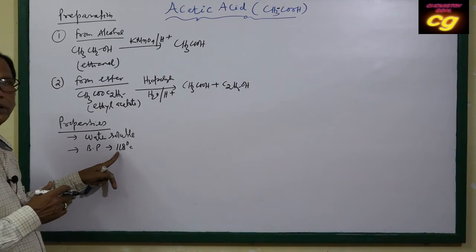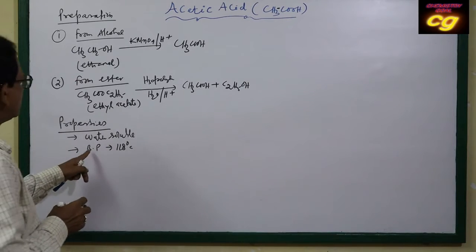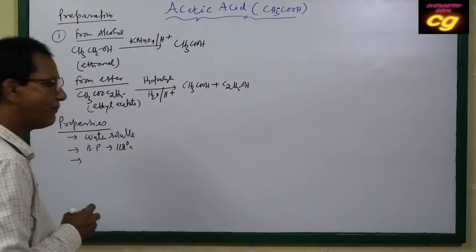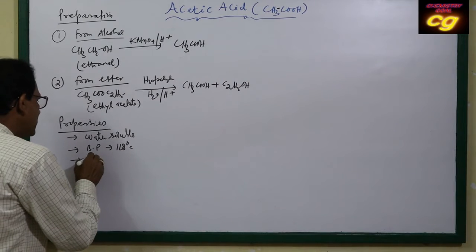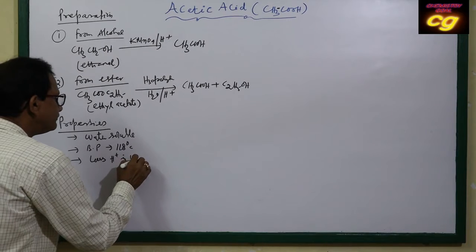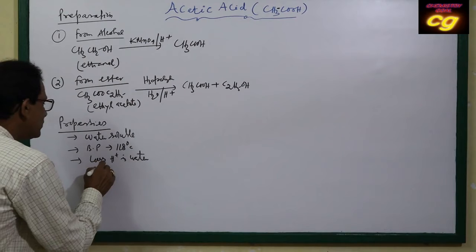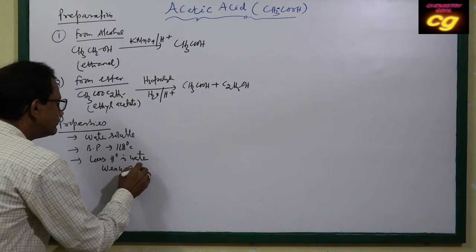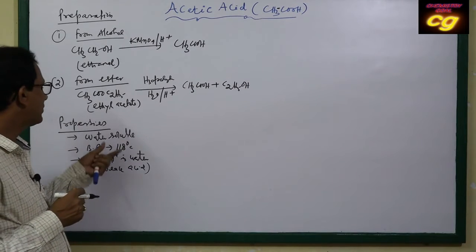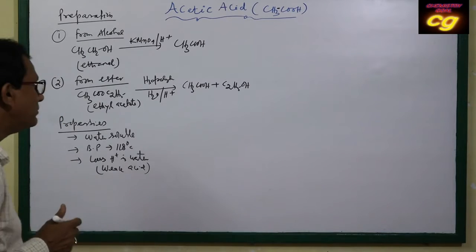That's why its boiling point is greater than water and alcohol. It is a Bronsted acid. It loses H+ ion in water. It is a weak acid, not a strong acid. It is water soluble and its boiling point is 118 degrees Celsius.